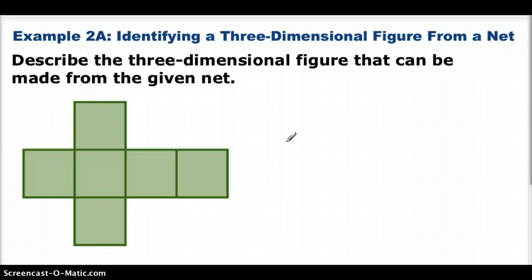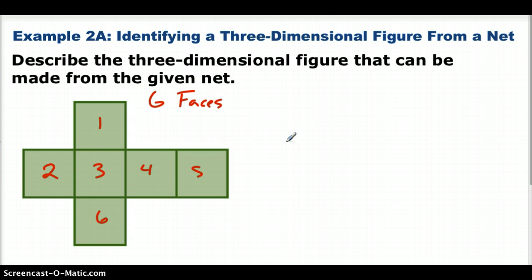Let's look at this first one. It says describe the three-dimensional figure that can be made from the given net. Let's first look at the number of faces. This is 1, 2, 3, 4, 5, 6, so there are 6 faces here.